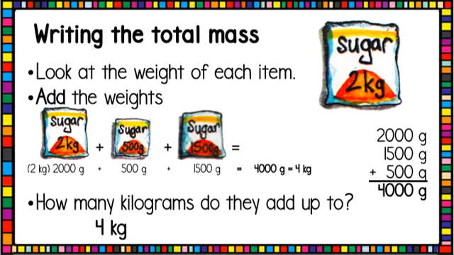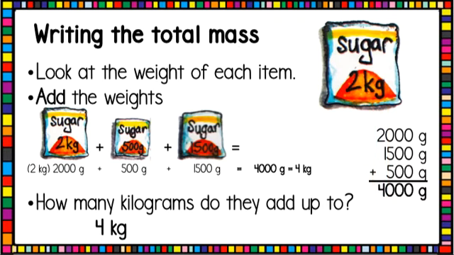2000 grams, which represents 2 kilograms, plus 500 grams of the small bag, plus 1500 grams of the medium-sized bag. In total, if we add the numbers, 0 plus 0 plus 0 will give us 0. 0 plus 0 plus 0 gives us 0. 0 plus 5, 5, plus another 5, 10, carry 1. 2 plus 1, 3, plus the 1 that you carried, 4.